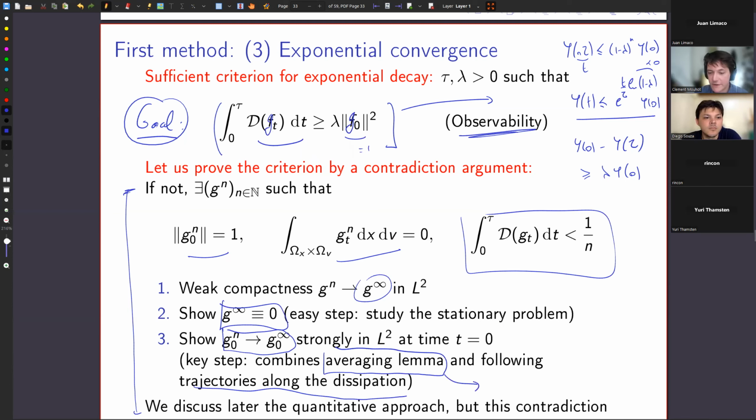If you don't know what averaging lemmas are, they were invented by Agoshkov and Golse in the late 80s.